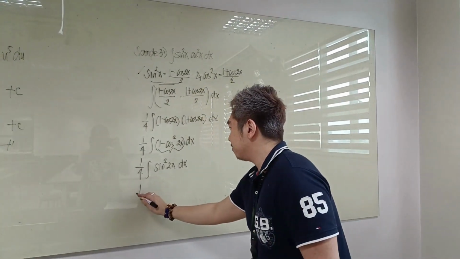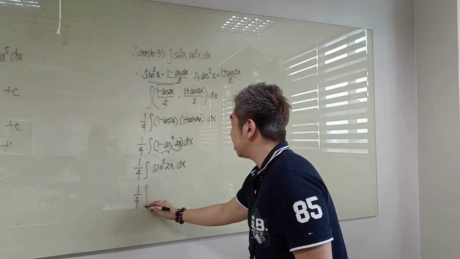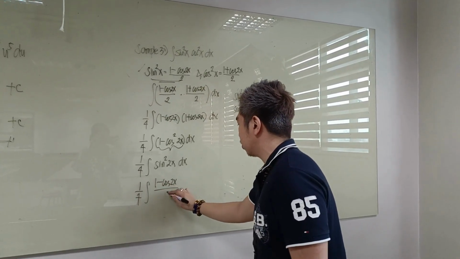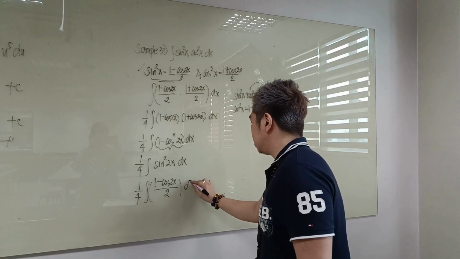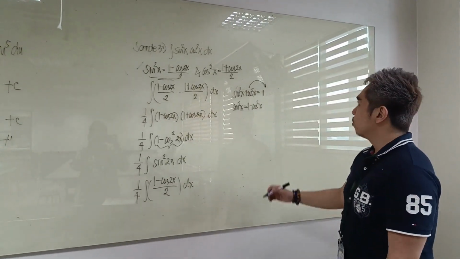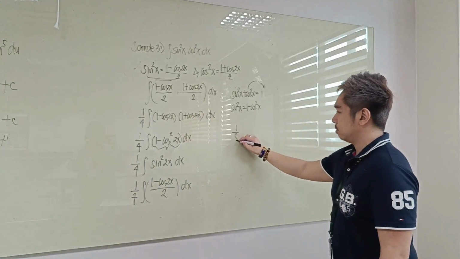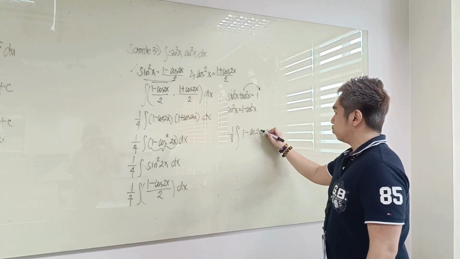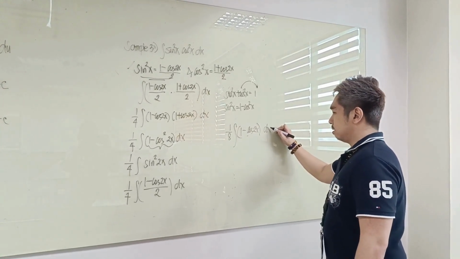So therefore we have 1 all over 4, the integral of 1 minus cosine of 2x all over 2, quantity, dx. Let's factor out the 2 down there, so that we'll have 1 all over 8, the integral of 1 minus cosine of 2x, quantity, dx.